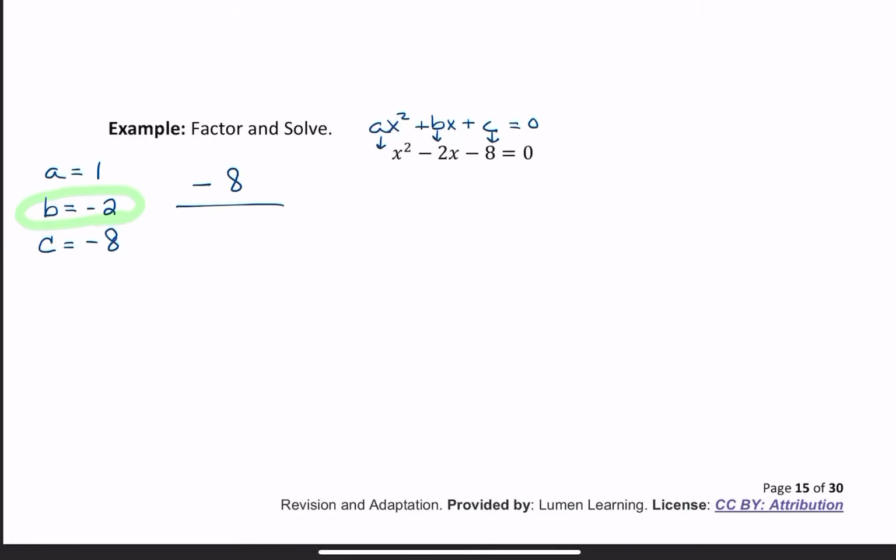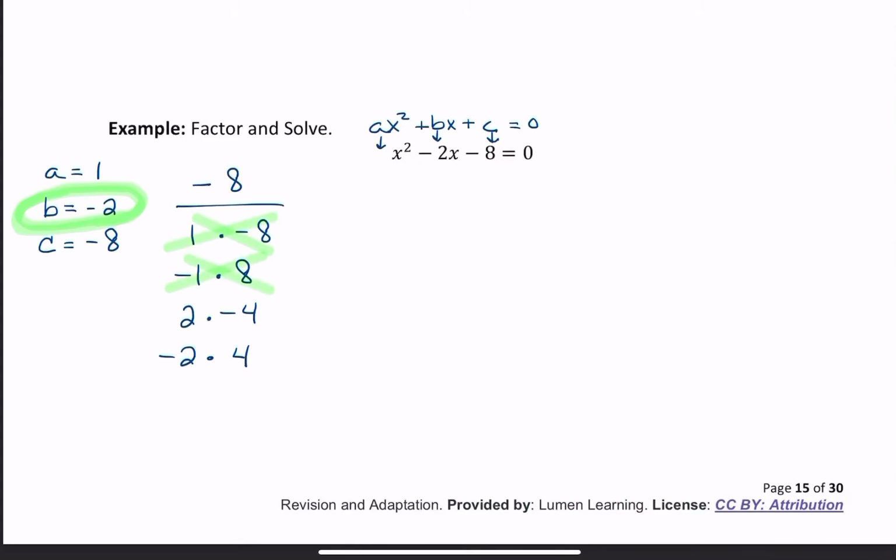So first of all, let's break the -8 up into all of its products. You could have 1 times -8, or -1 times 8 to get -8, or you could have 2 times -4, or -2 times 4. Looking at those, we need to figure out which one adds up to be -2. This one does not.